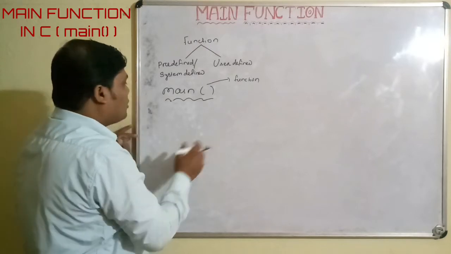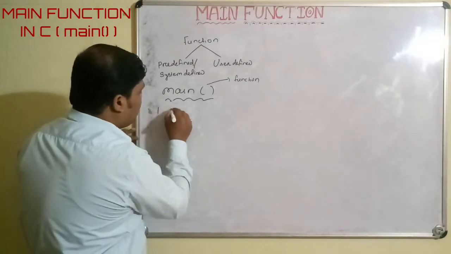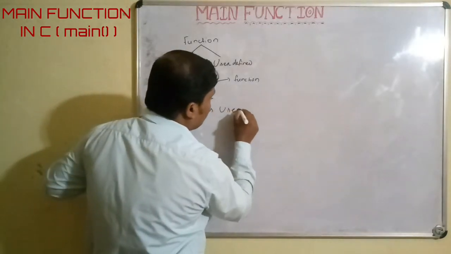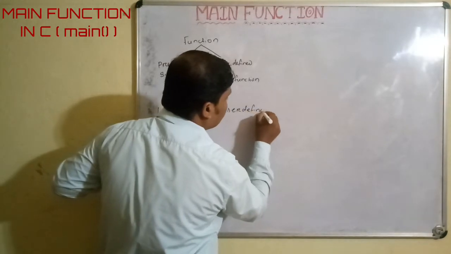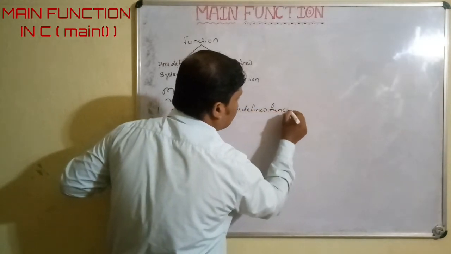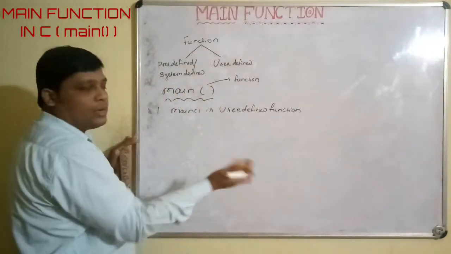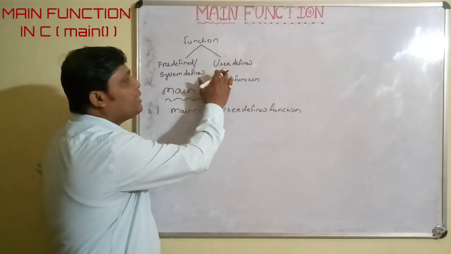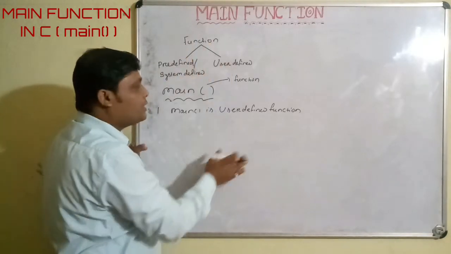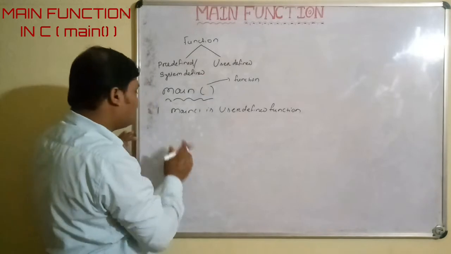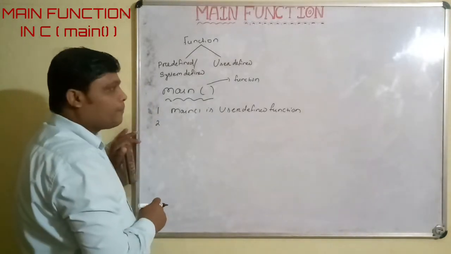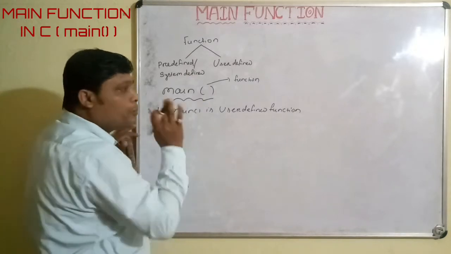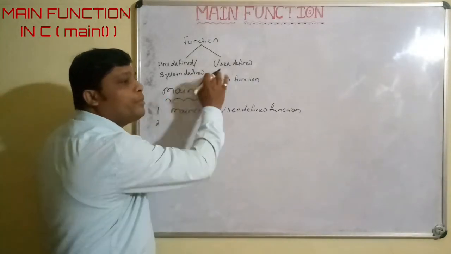Clear? Now see, main function is a user defined function. Why? Because the functionality of the main function is generally defined by the user. So it is a user defined function. Clear? Second, you know in C the program execution starts from main.